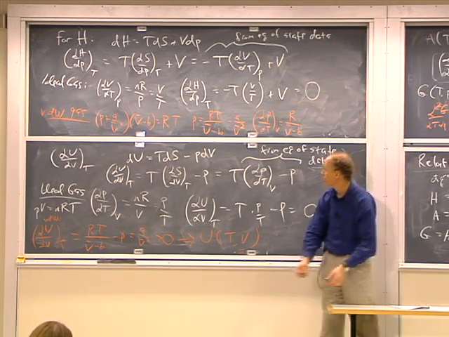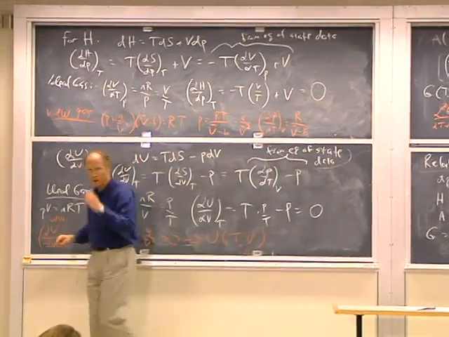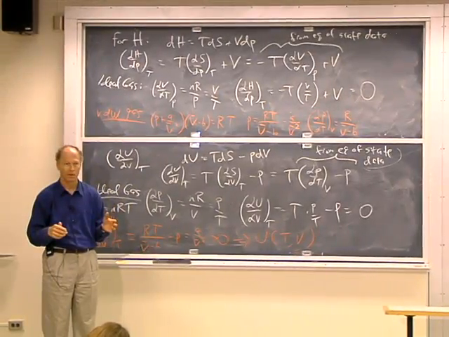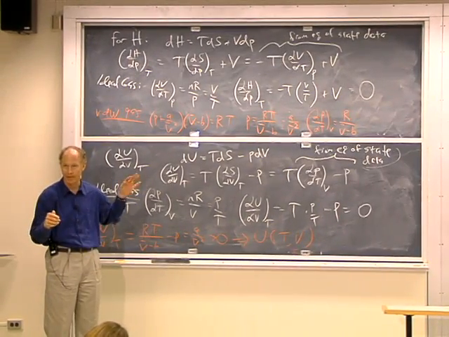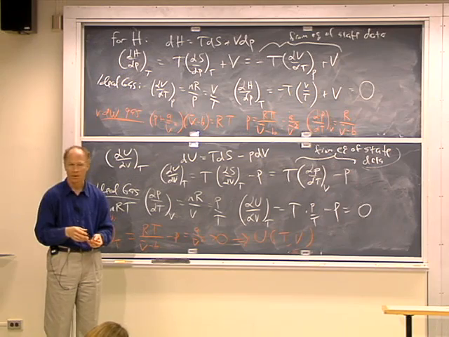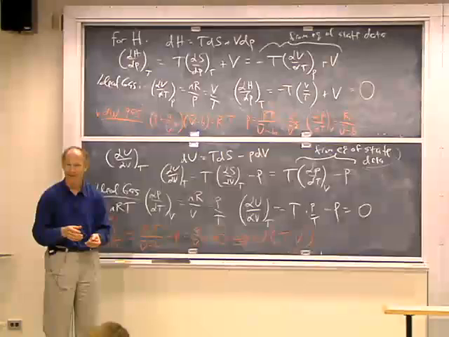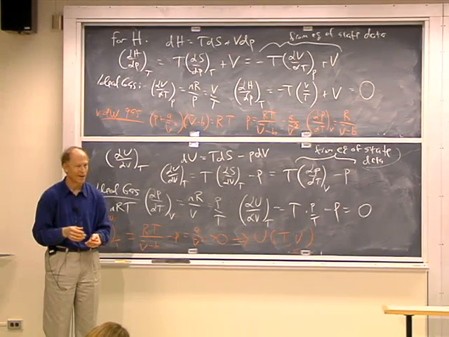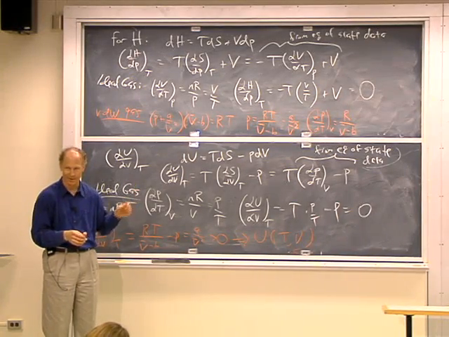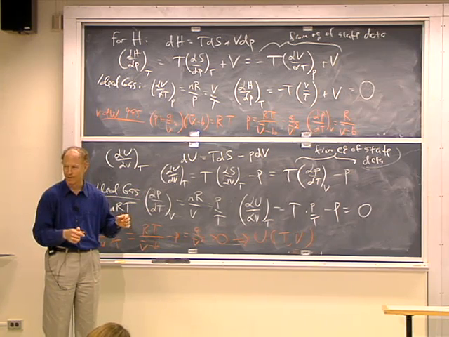Not too close, not so close that the repulsions dominate. Why don't they do that? What else matters that I haven't considered in this little discussion?